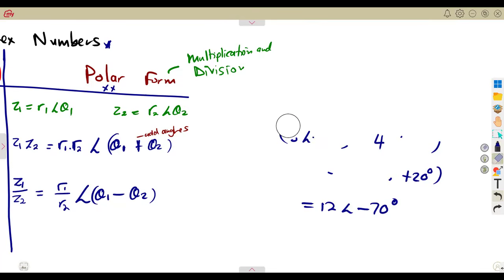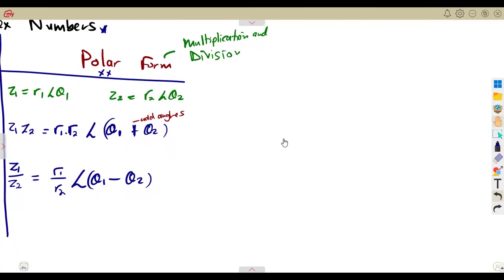So as we saw previously, we can be given something that is now under a Cartesian form, but it's a product or a division. You're given 5 plus j2, and this is multiplying 4 minus j3.